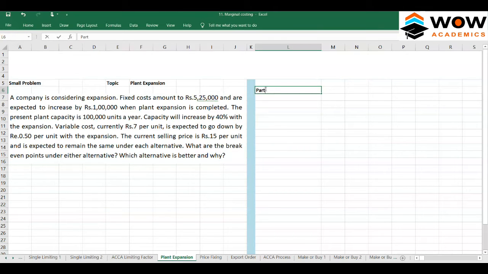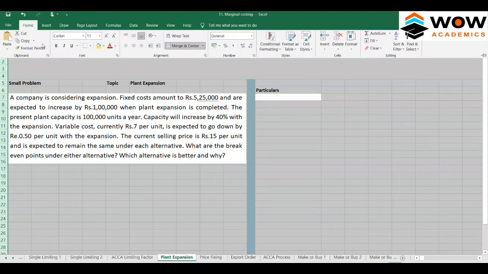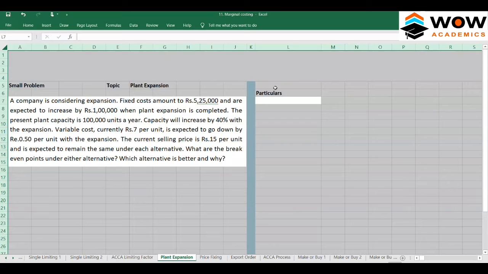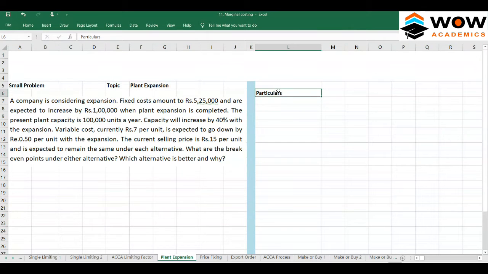We'll start from particulars and amount. However you want, you can do this.